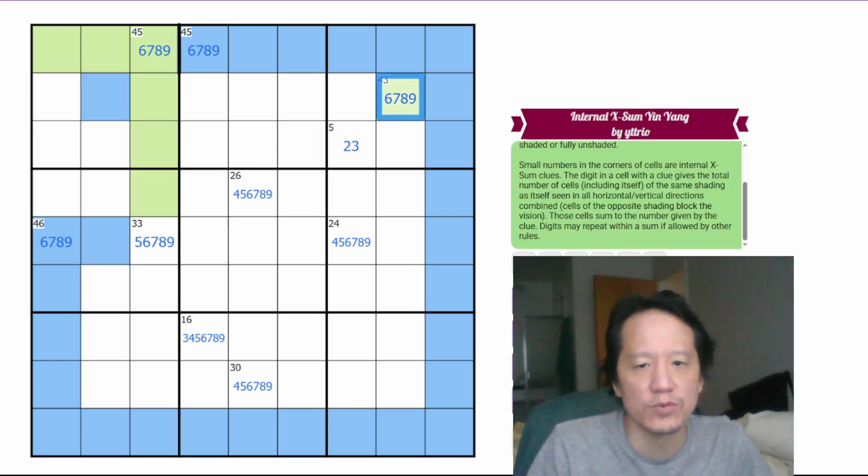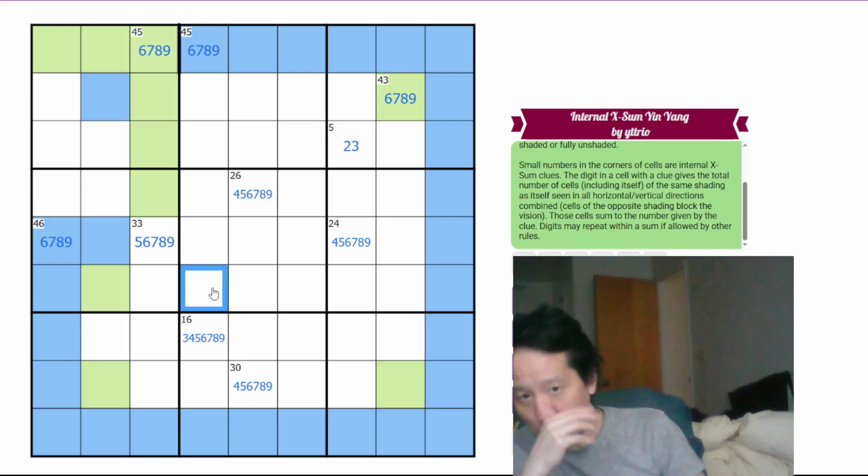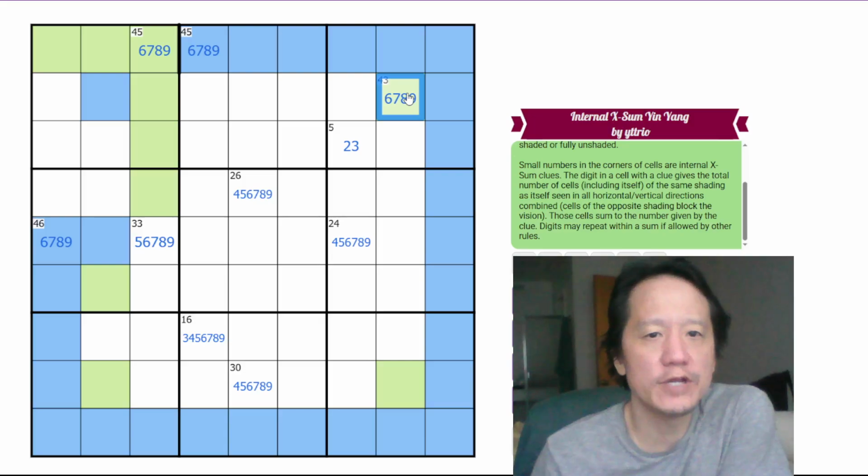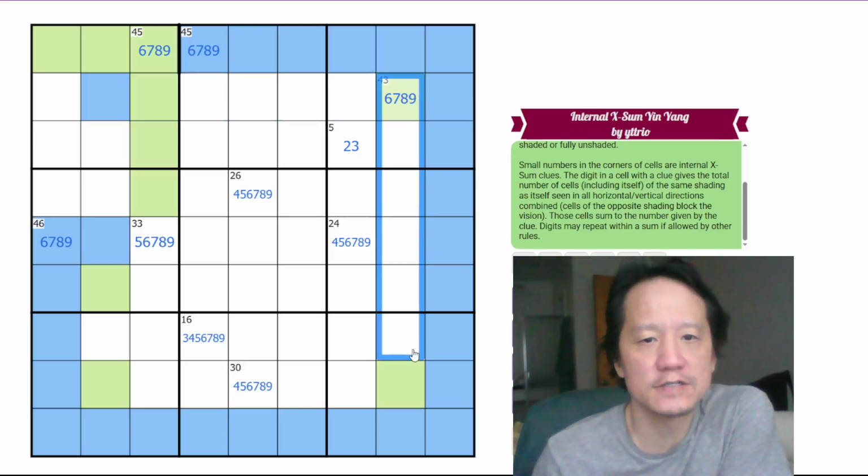This has to be green. This must be green, and this must be green. This must be green also because of the 2x2 area. This is at least 6, so that satisfies that. This green must see at least 6.